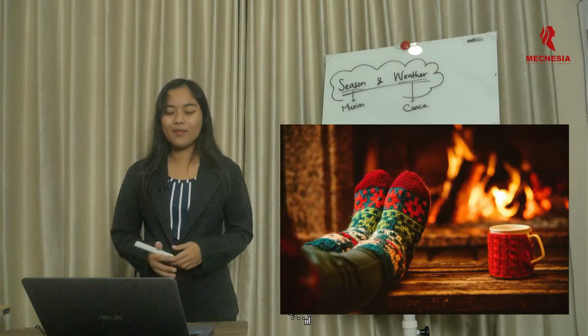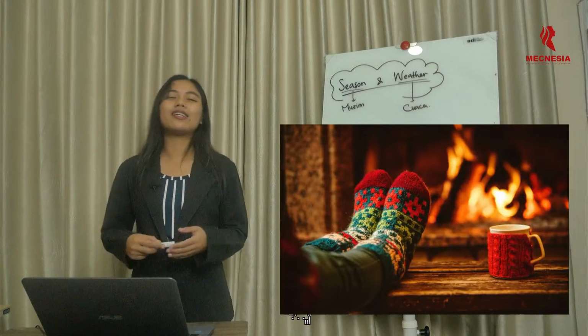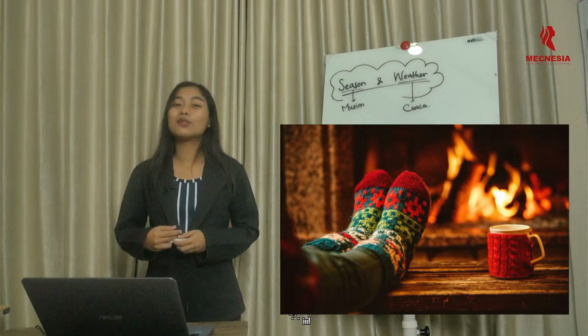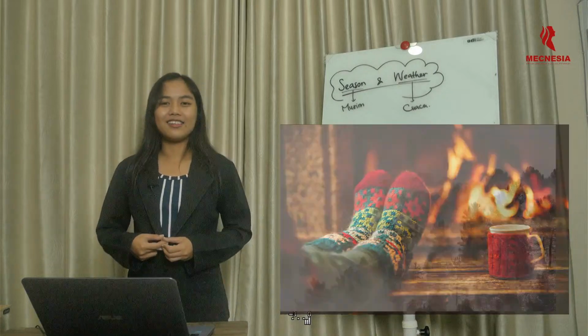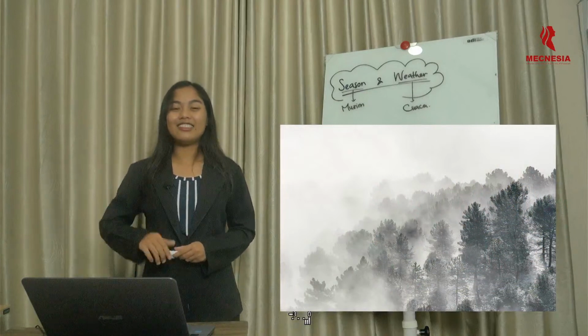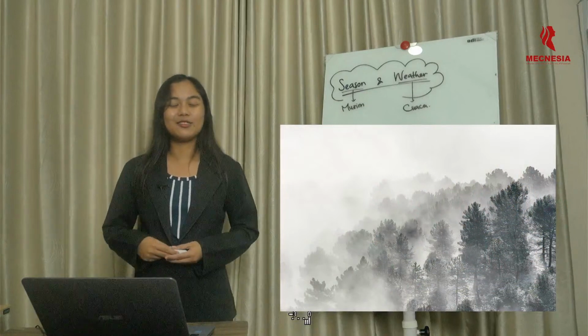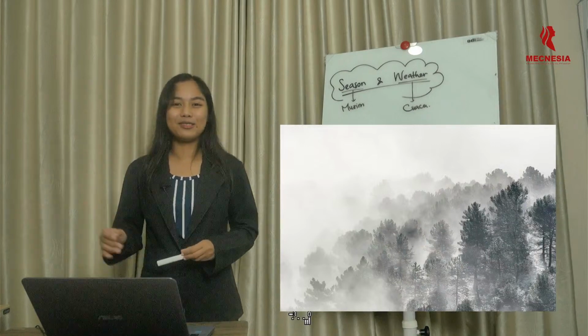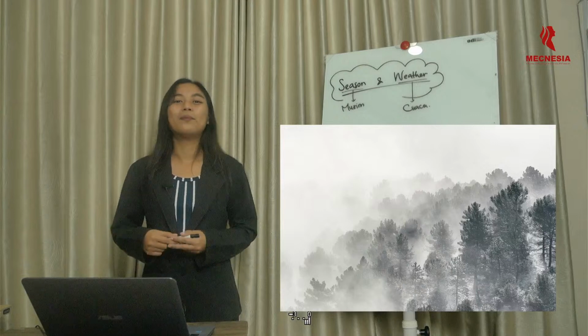Warm. Warm itu berarti cuacanya hangat, tidak panas. Next, we have foggy. Foggy. Let's say it with me. Foggy berasal dari kata fog yang berarti kabut. Foggy artinya berkabut.